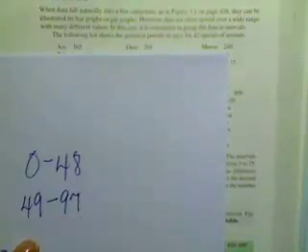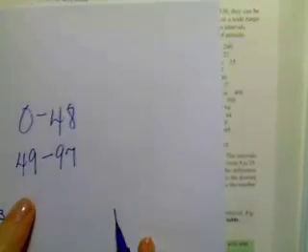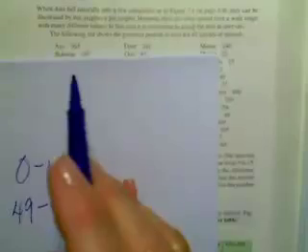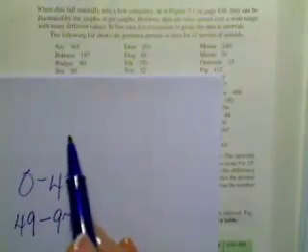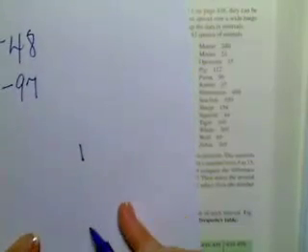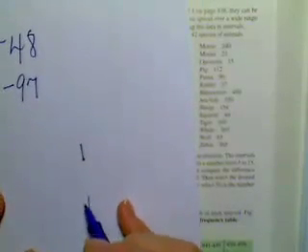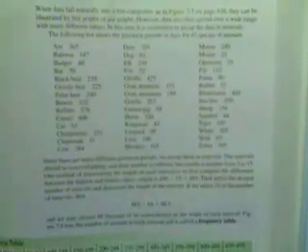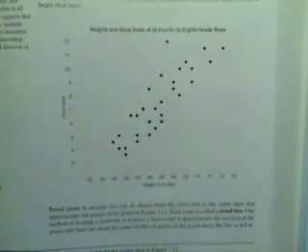So when I come to that, I'll put a tally mark and mark off. Then the baboon is 187. I'll go down to that, make a tally mark, and mark off. That way you don't leave any out. So they have the frequency table made. And then this is what it would look like.